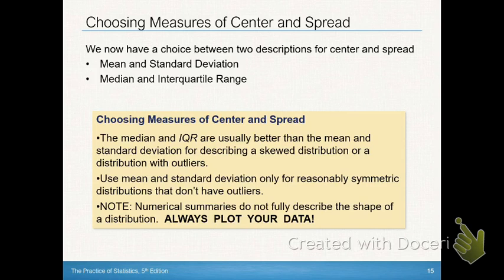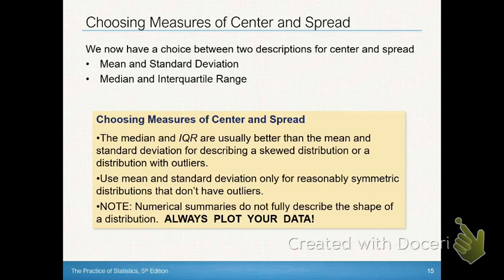If you said that your data was skewed, either to the left or to the right, then you should report the median and the IQR. So for center, you should report the median, and for variability or spread, you should report the IQR.